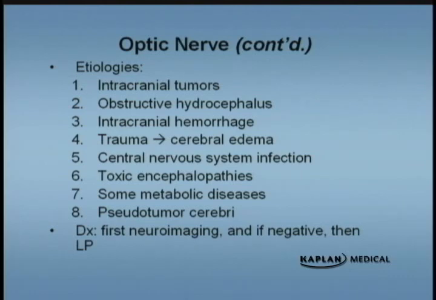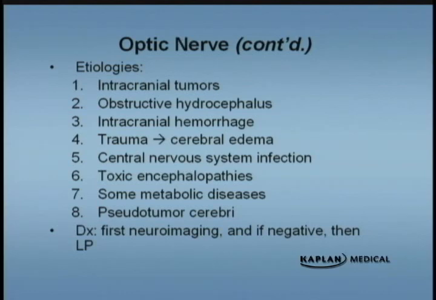Causes of papilledema include intracranial tumors, and that's one of the first things we'll think of in a child, that they have an intracranial tumor causing the increased intracranial pressure, which is causing the papilledema. Certainly also hydrocephalus, so basically anything that increases intracranial pressure is part of your differential diagnosis for causing the papilledema.